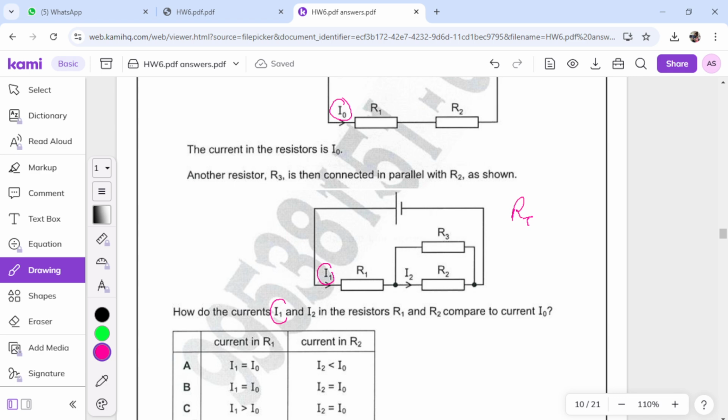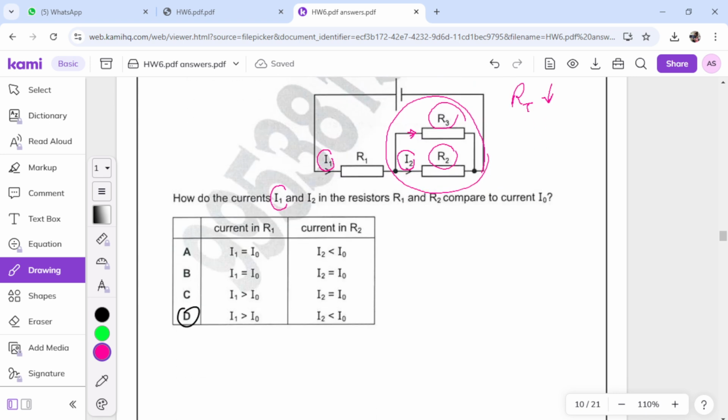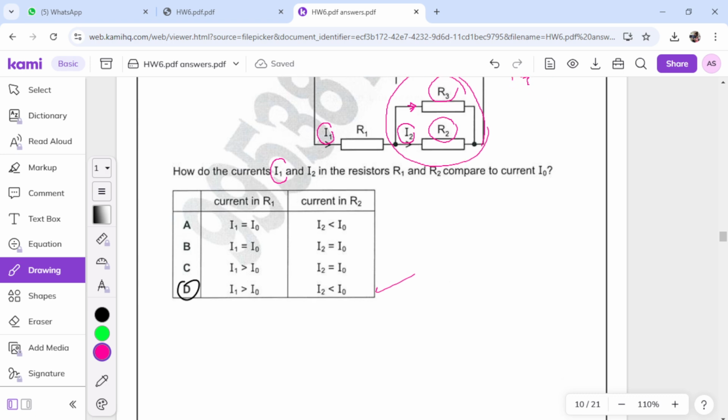R total decreases because we have a parallel connection here. It will make this resistance lower than this resistance. So I1 will be greater than I2, but of course I2 will be lower than I0 because we have a splitting current here. So I will choose D.